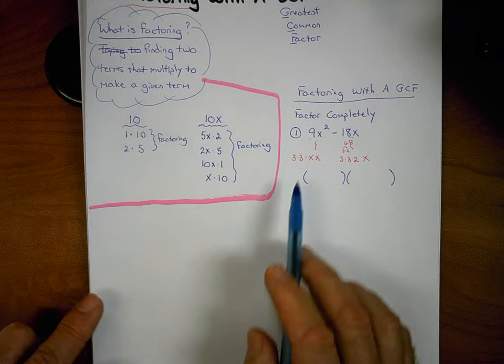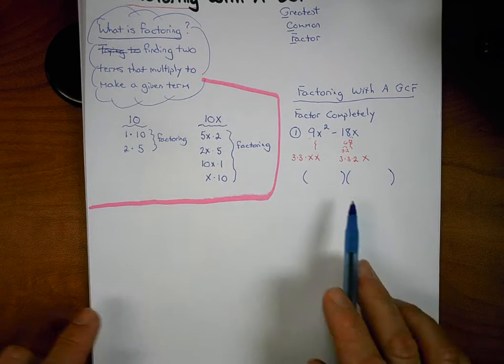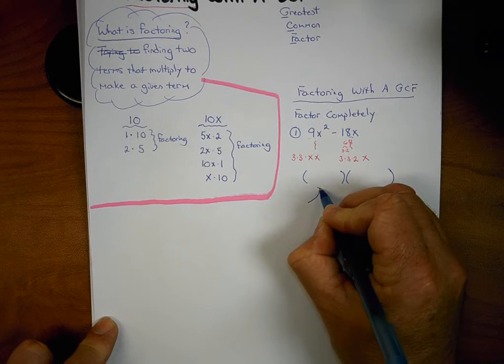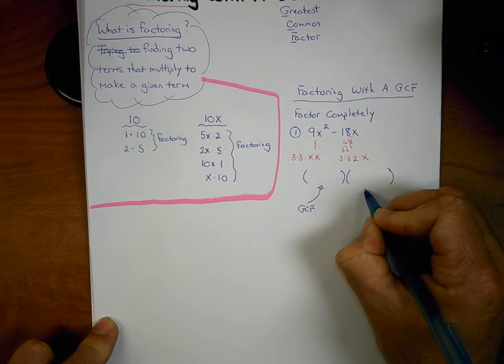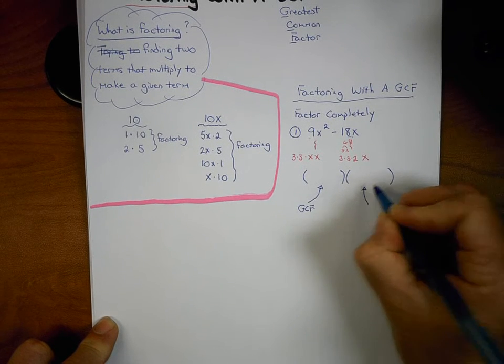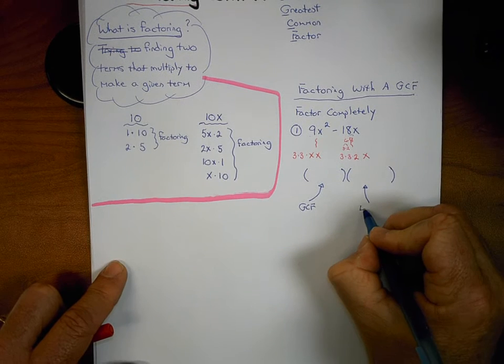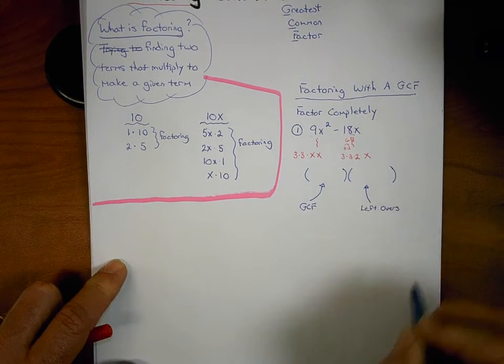Whenever you see the word factor, you automatically just draw 2 parentheses. We're going to find 2 terms. The first term that we're going to find is the GCF. And then the second term is going to be what I'll term as the leftovers. The leftovers will be what is left over after we yank out a GCF.